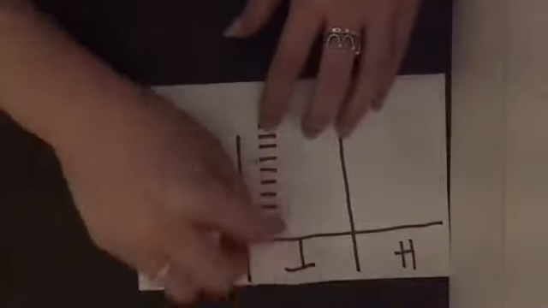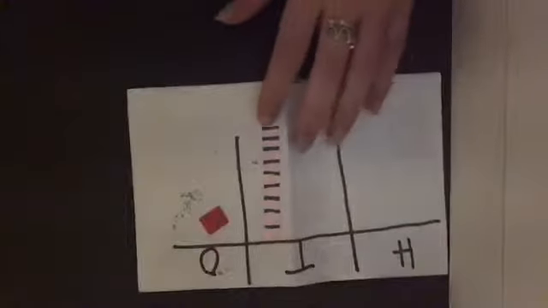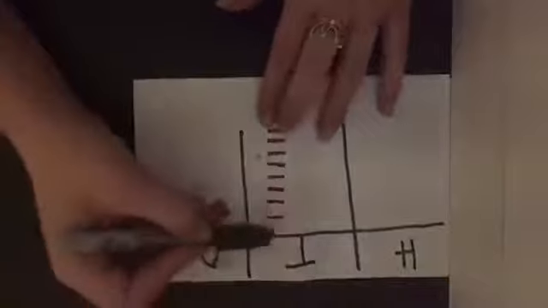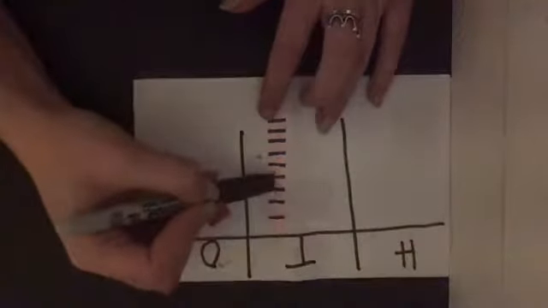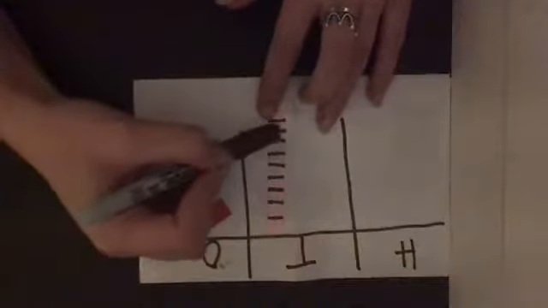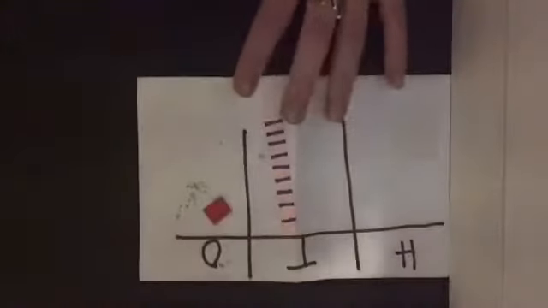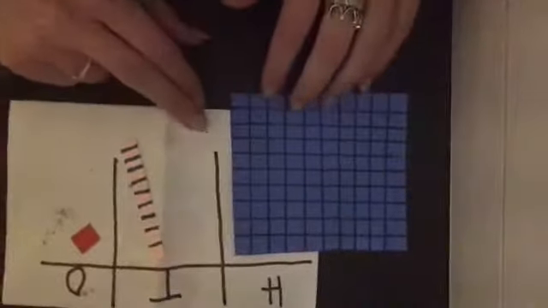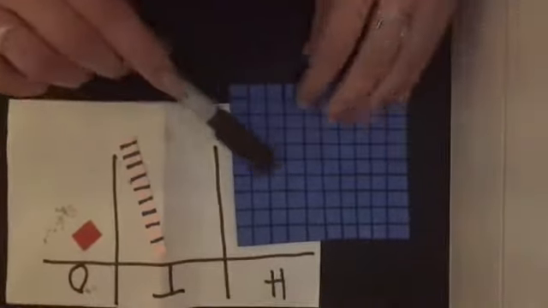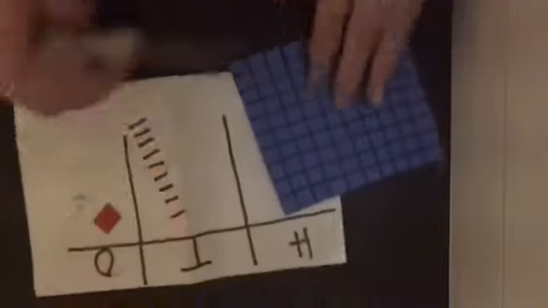Now, if you have 10 of these, you add up to a long, and that's in the tens place. So count with me. We have 1, 2, 3, 4, 5, 6, 7, 8, 9, 10. So 10 ones makes a 10. And then if you have 10 of these, it makes 100. Now we're not going to go all the way up to there, but that's just for future reference, okay?